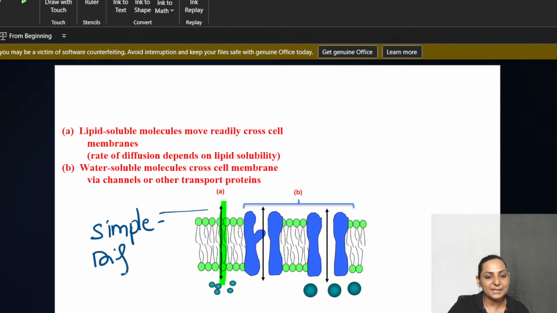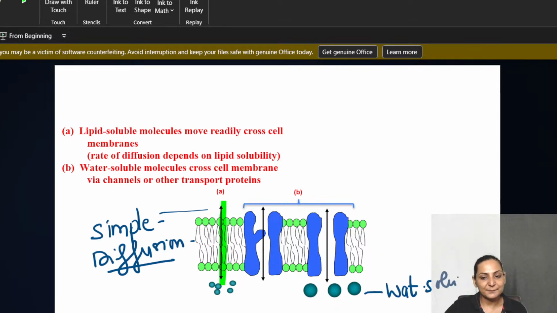So this can be remembered as an image based question, that it is simple diffusion where easily the substances are going through. But here we need some kind of channels, some kind of pores which have to be opened, and then only the substance can pass. So this is for our water soluble substances which could require transport carrier proteins, which would require facilitated diffusion. So if this comes as an image based question, look over to the solubility, look over that there are no channels for the lipid soluble substance.